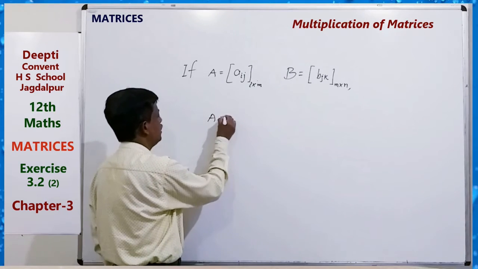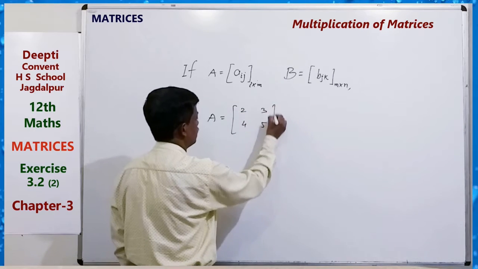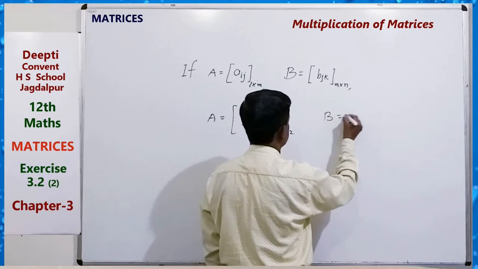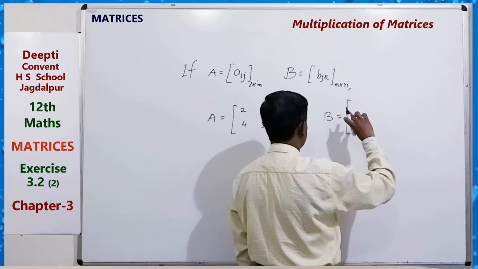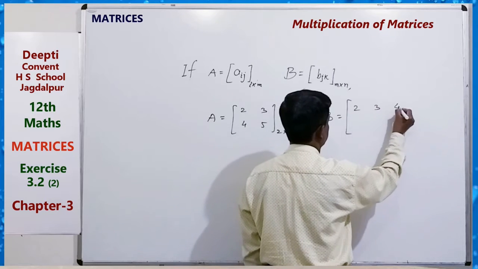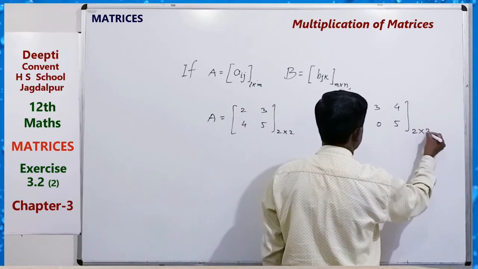Suppose A equals 2, 3, 4, 5, which is 2 by 2, and B is equal to, just taking, 2, 3, 4, 1, 0, 5. Its order is 2 by 3.